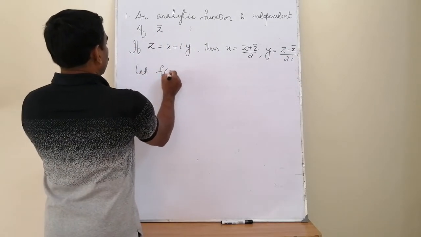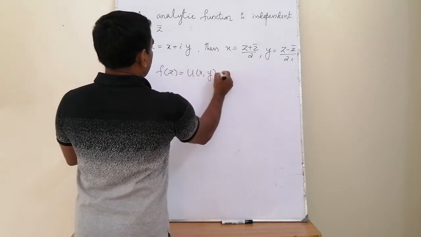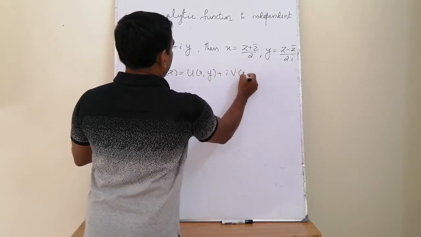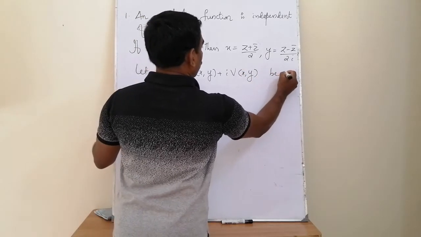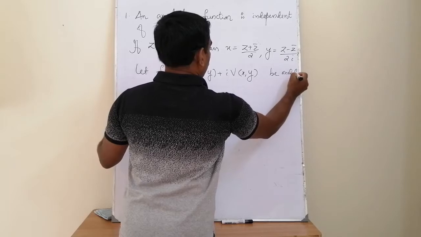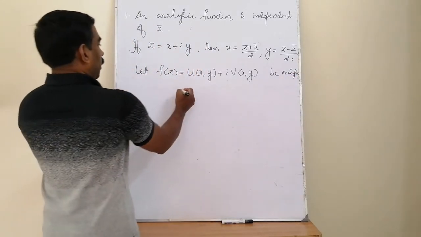Let f is equal to u of x, y plus i into v of x, y be analytic. Suppose this is the analytic function in the complex plane.